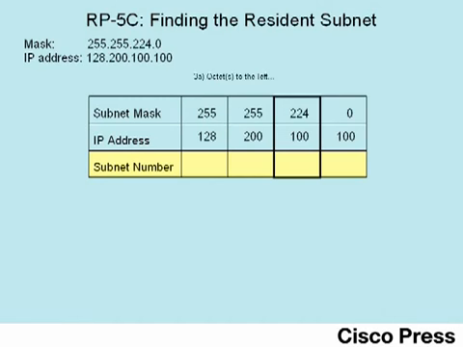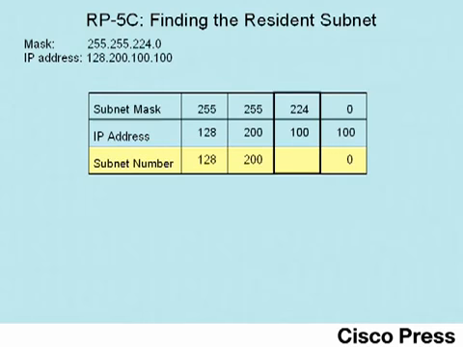First of all, at step 3a, we'll look for any octets to the left of the rectangle and simply copy the IP address's value down into the subnet number. Here we see we'll start with 128.200 in the first two octets. Then for any octets to the right of the rectangle, we'll simply write down a 0. So now we've got 128.200.something.0, and the fourth step will then fill in the something in the third octet.